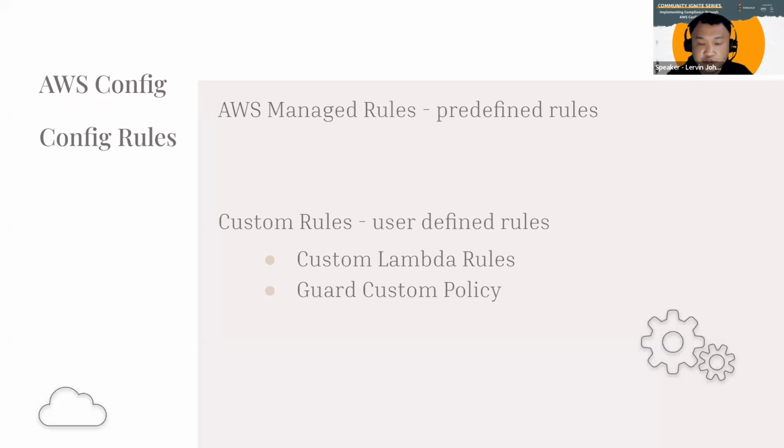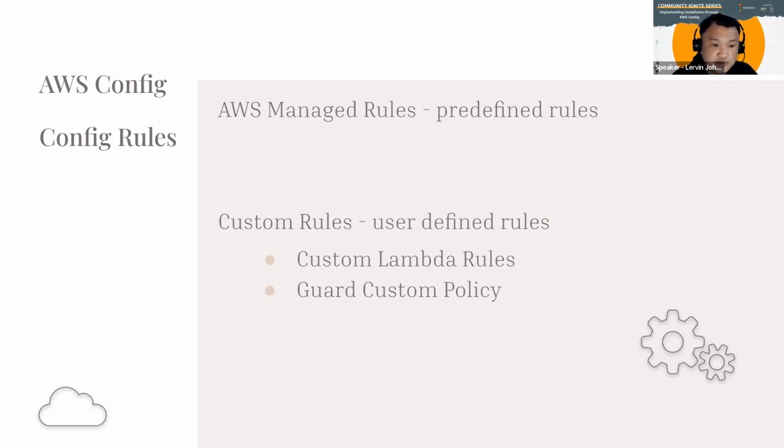We have two kinds of Config rules, AWS managed rules and custom rules. AWS managed rules are predefined rules created by AWS for their customers. These can be used out of the box, but they are also customizable according to your needs.